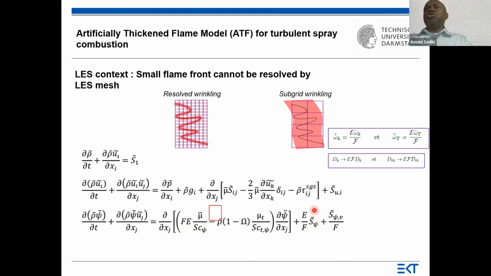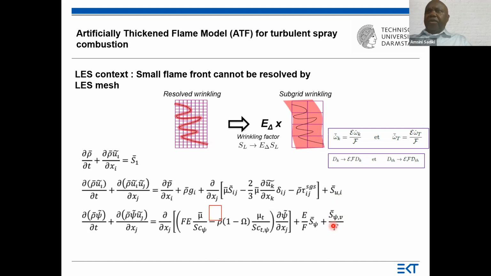The source term of the chemistry also has to be modified. So it is divided by F as we have here, but we must multiply by this to get everything correct with the flame speed. And here, the source term due to evaporation or other source terms also has to be taken into account.